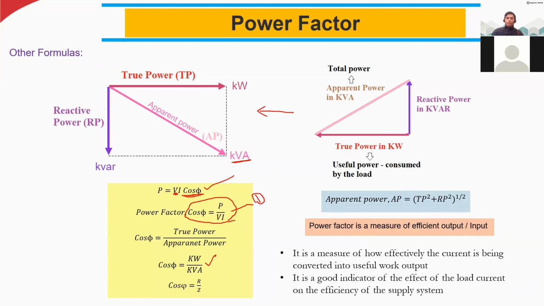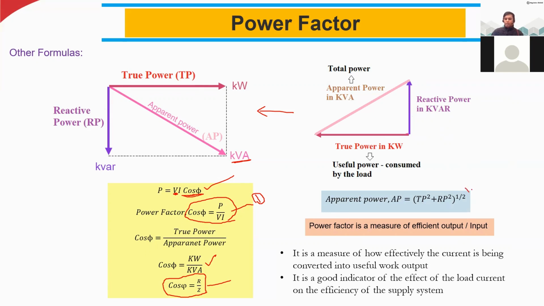And you can also calculate cos phi is equal to R by Z. So this is the resistive property of the load divided by the total impedance property of the load. This is the same as true power divided by apparent power, but we are writing in terms of resistance value. So there are several formulas you can use to calculate the power factor.